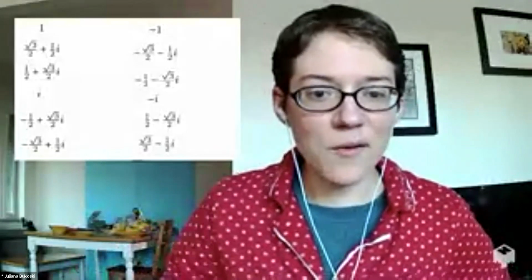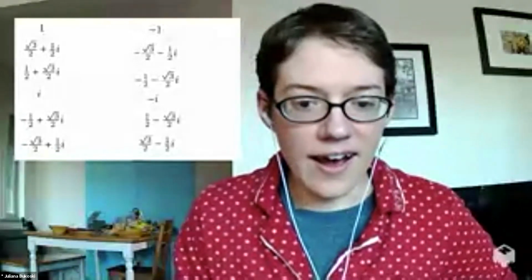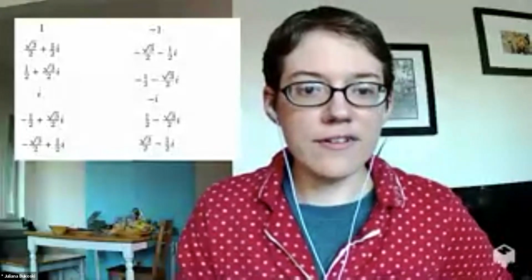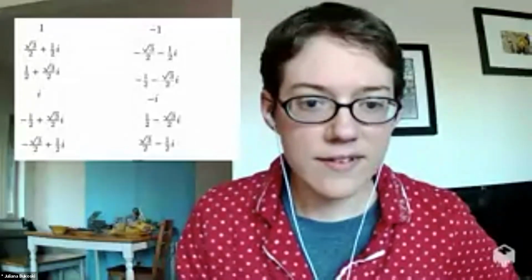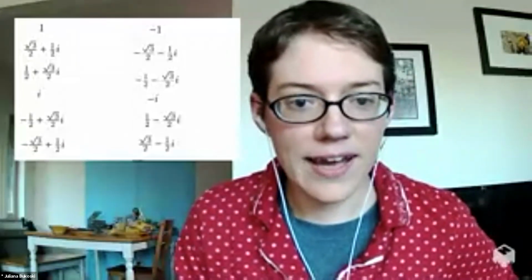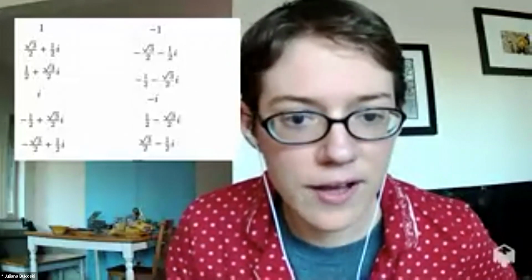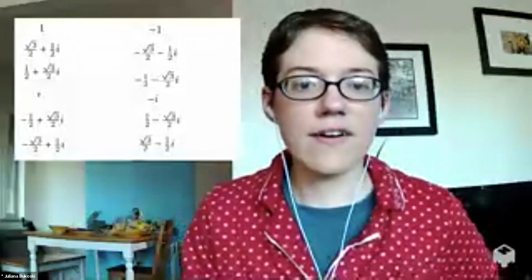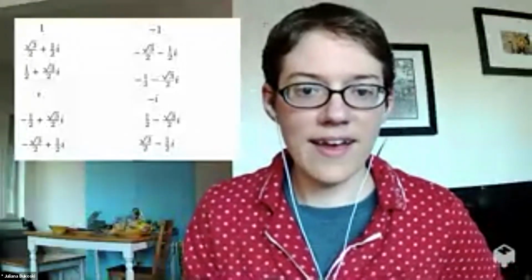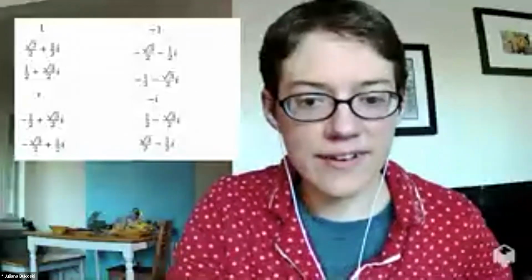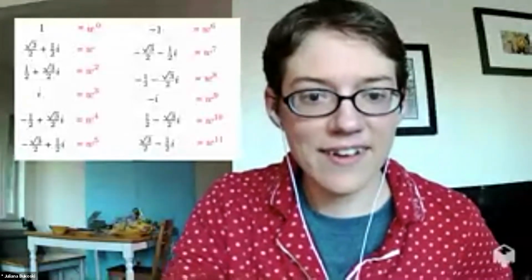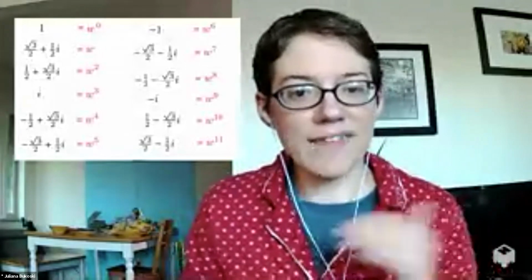And one thing that's interesting about this is that if you take certain ones of these numbers, so if you look at the second one I've written, square root of 3/2 plus 1/2 i, if I call that w, and then I write all the other numbers in terms of that, I can actually write the one after it as w squared.